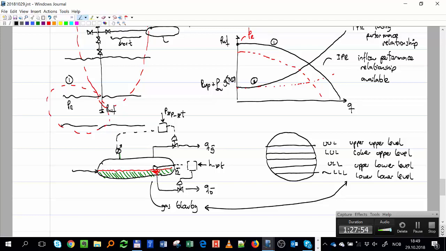So you just shut down the system and stop production. In the other case, if the liquid level is very high, you might have liquid coming in, and that's called liquid carry under, which is related to the alarm on the upper level.